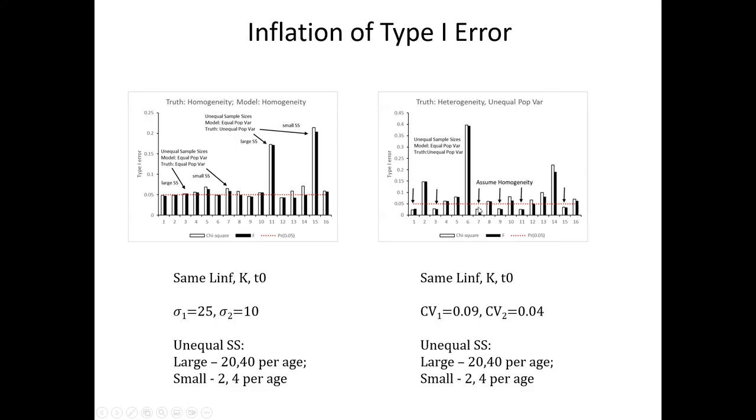But it's weird also that if you assume homogeneity of variances, in the cases I explored anyway, the type 1 error actually dropped. So you're not detecting enough significant differences if you modeled it this way. So it definitely affects the type 1 error rates in your comparisons.